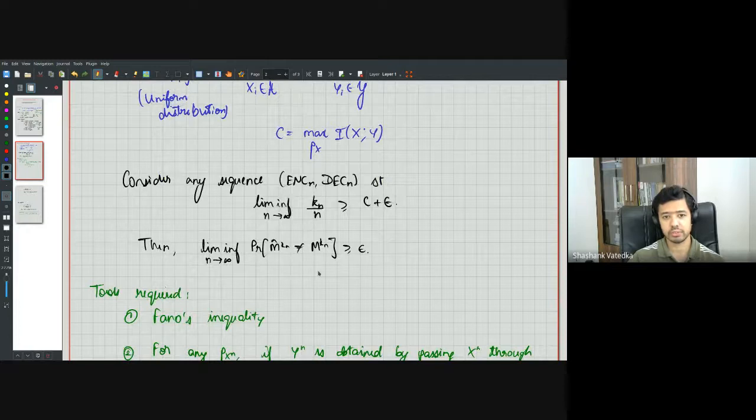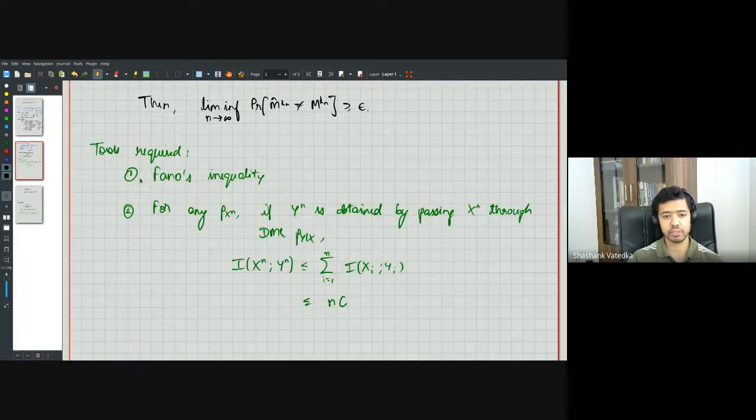The converse to the channel coding theorem says that no matter how you construct your encoder and decoder, if you try to operate at a rate above C, so suppose you fix an asymptotic rate equal to C plus epsilon, where epsilon is some small quantity greater than 0, then asymptotically the probability of error will be greater than or equal to epsilon. We'll try to prove this using Fano's inequality and also a very nice property of the mutual information.